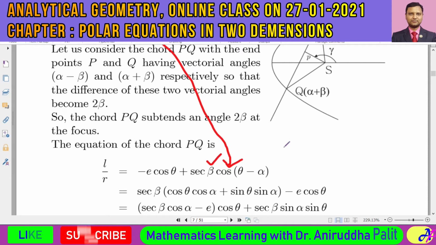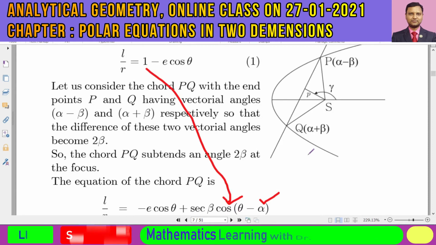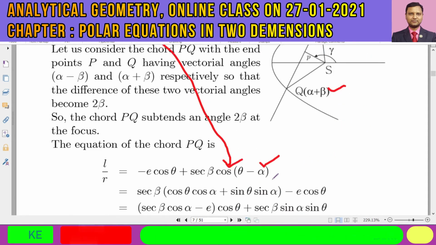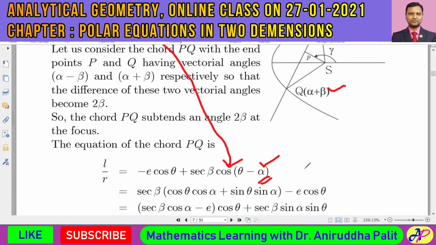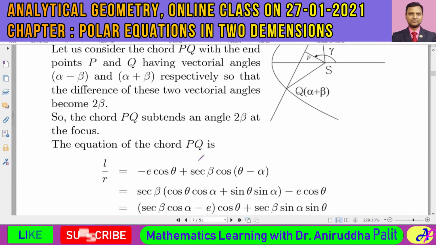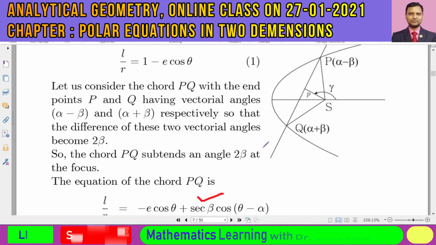So sec β into cos of (θ - average). If you consider the average of these two vectorial angles, you will get the value α. So that is the formula for getting the equation of the chord PQ. So this would be the equation of the chord: l/r = -e cos θ.